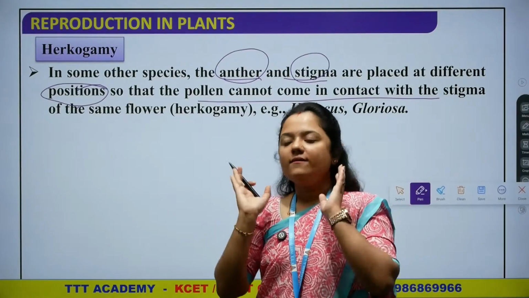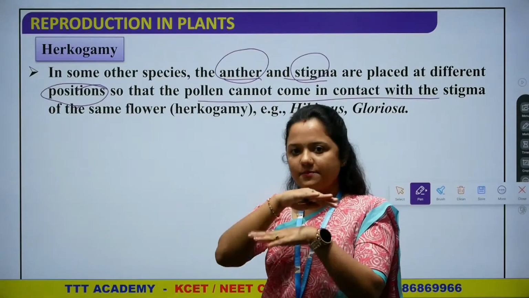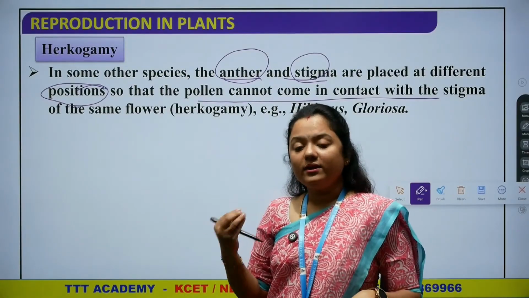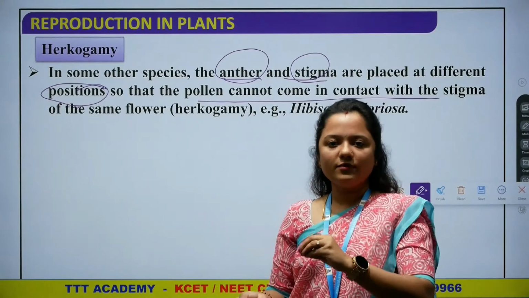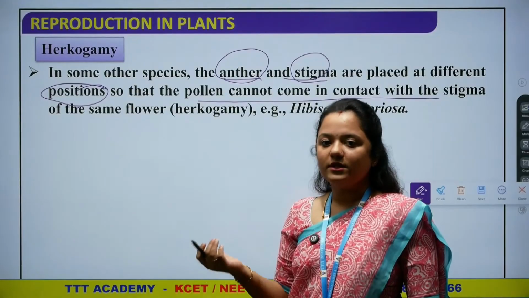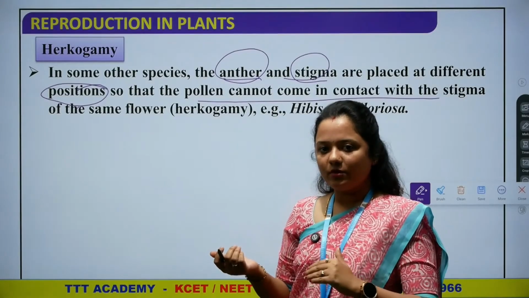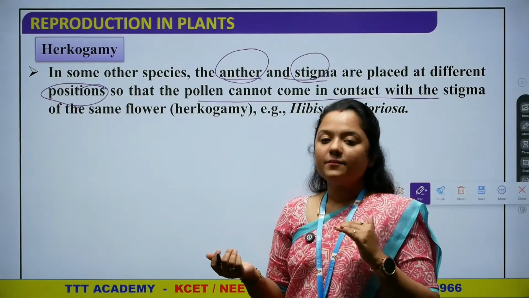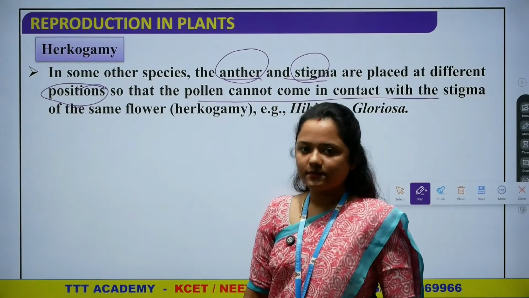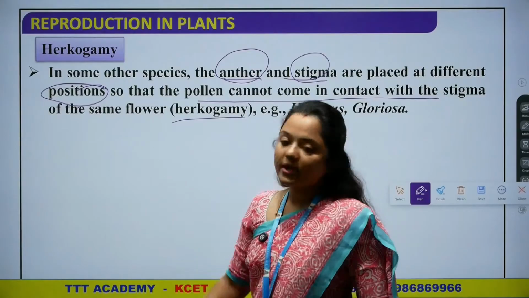When they are placed at the same alignment, the same space or angle, then it is very ready for the fertilization process, correct? So when it is not ready, what happens? When they are placed at different localities or positions, then the chances of fertilization are very much decreased, isn't it? That kind of condition is seen in hercogamy.